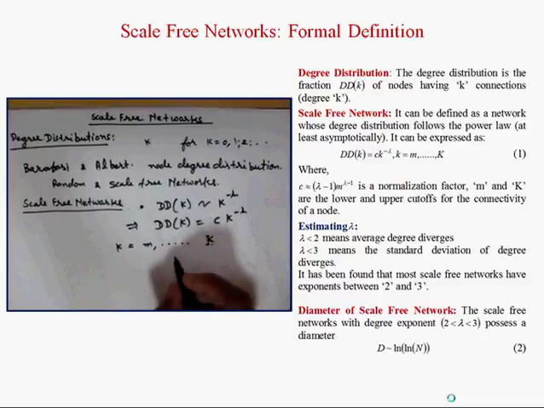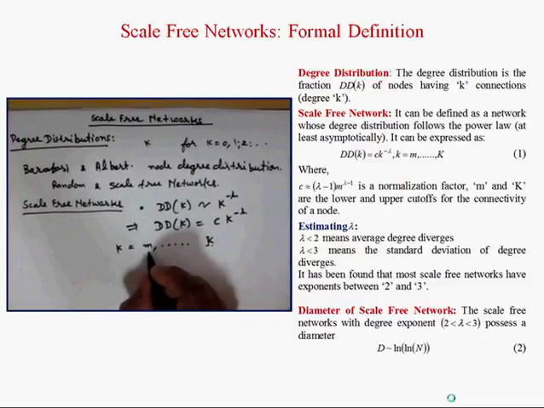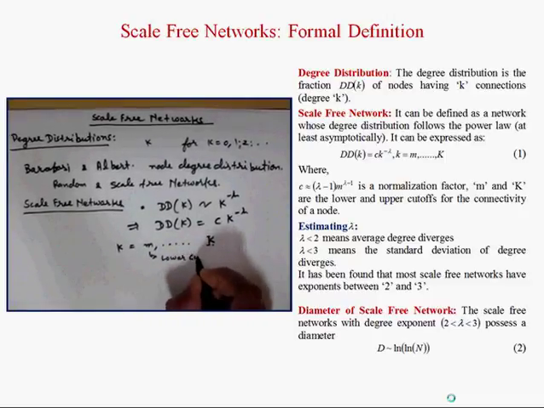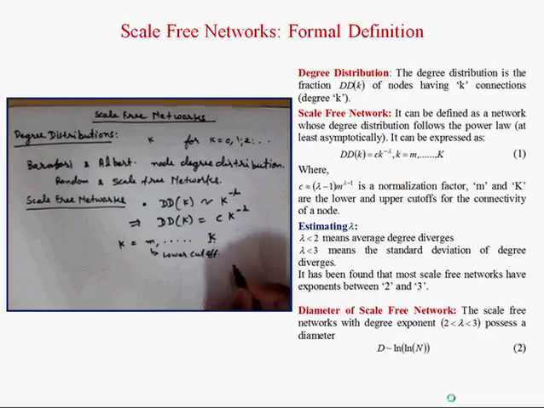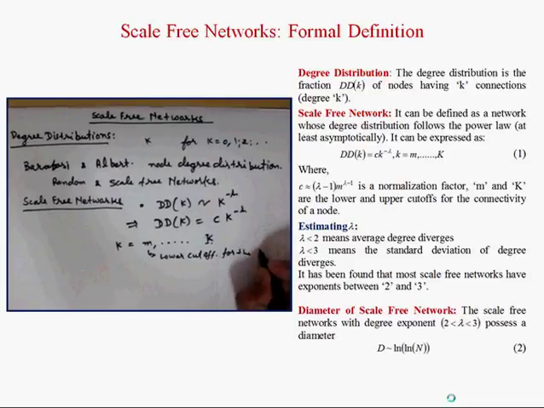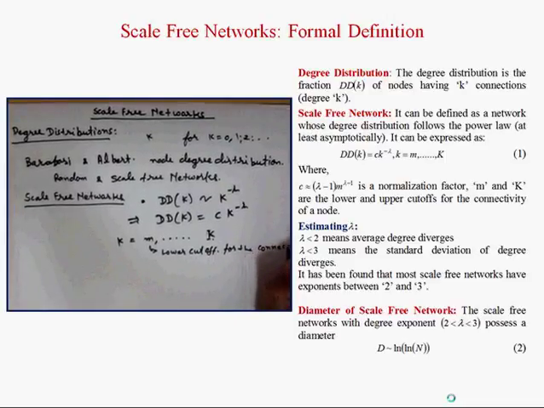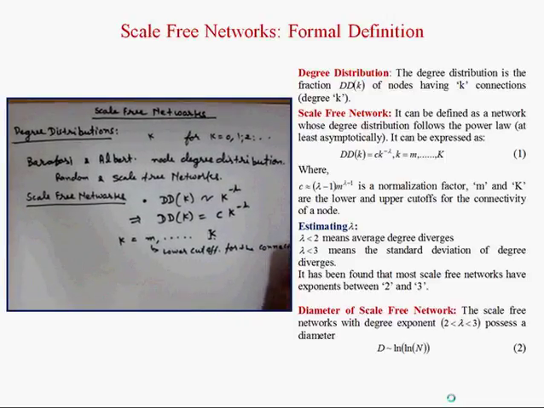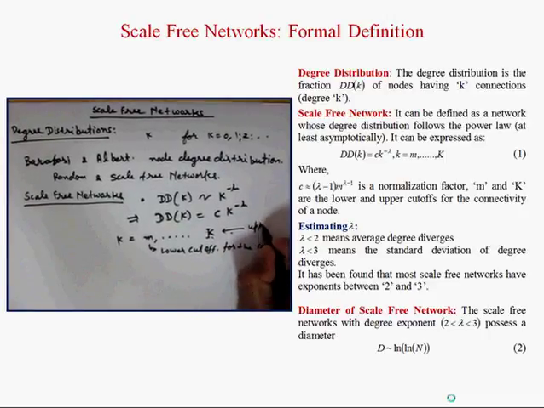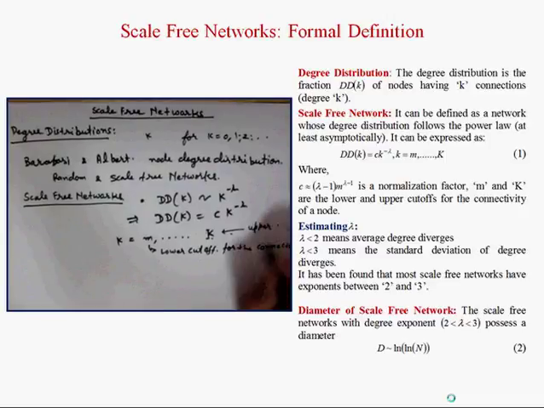Here m is the lower cutoff for the connectivity, and K is the upper cutoff for the connectivity.